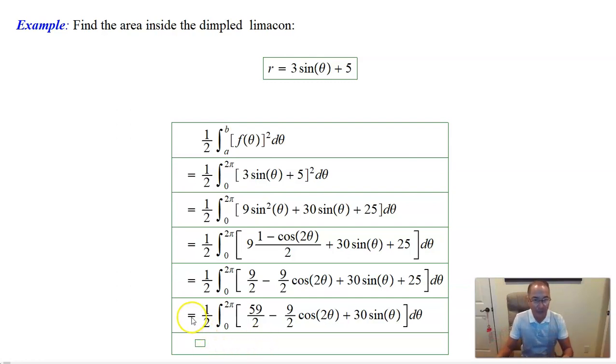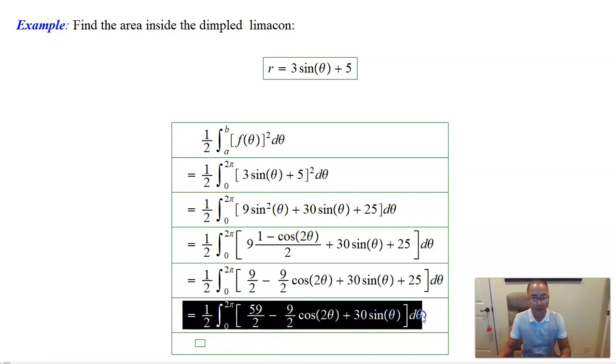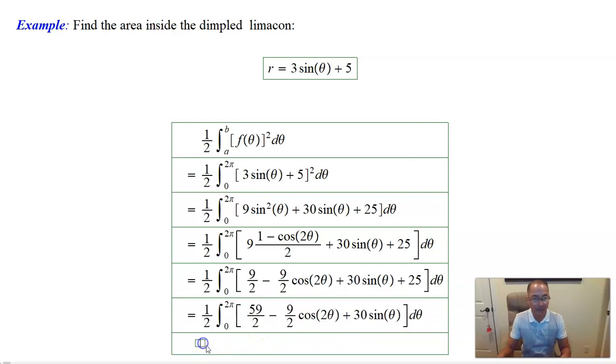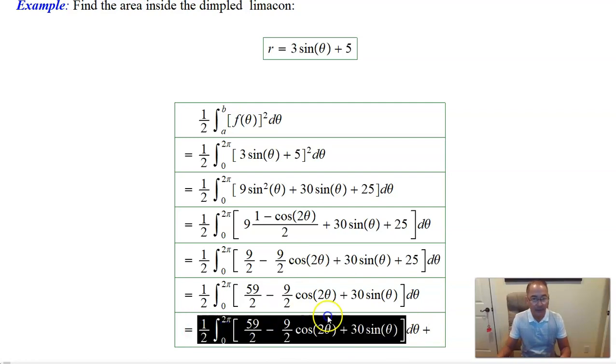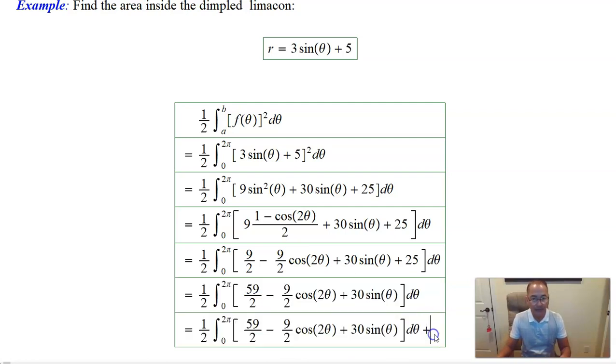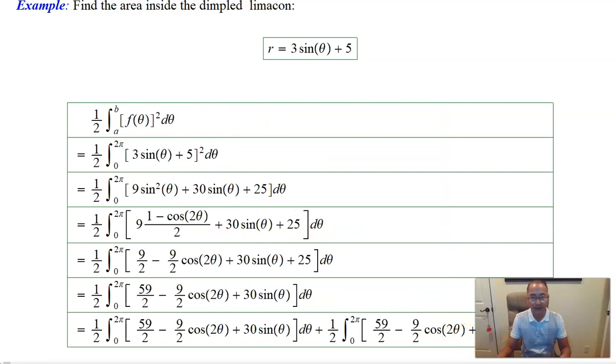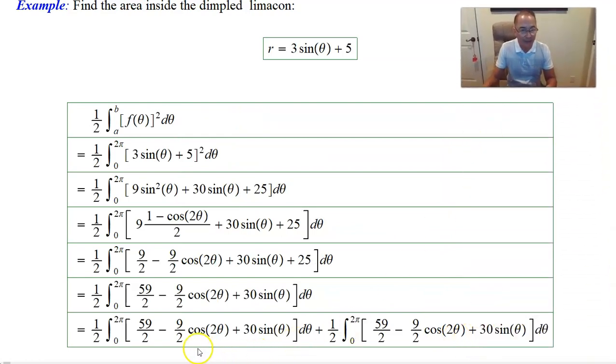So therefore, when we expand this out, we will expand it into 3 parts because we have 3 terms. Okay, so we'll do this plus this. I'm going to make 3 copies, and let me delete along the way.